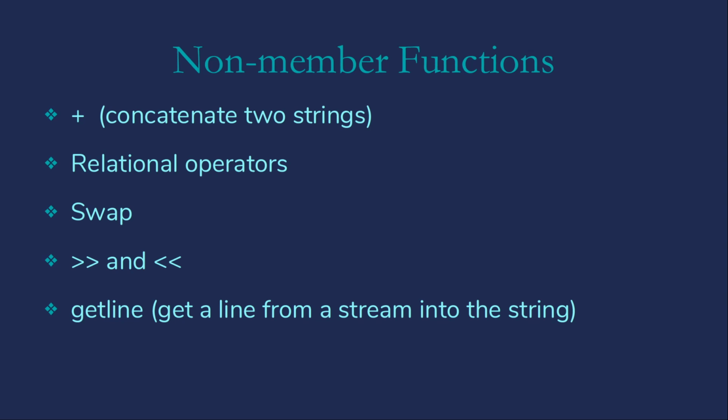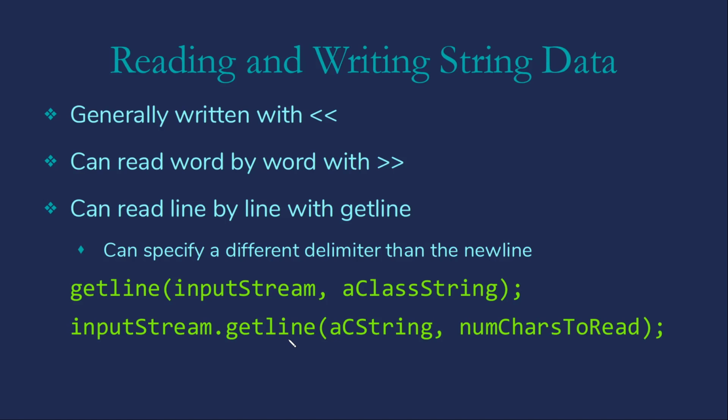We have a swap that will swap two strings correctly, so you don't have to write the 3 assignment statements. We have the insertion and extraction operators overloaded so that we can do more easy input and output. And we have a getline function that gets a line from a stream into the string. So let's talk a little bit more about reading and writing string data.